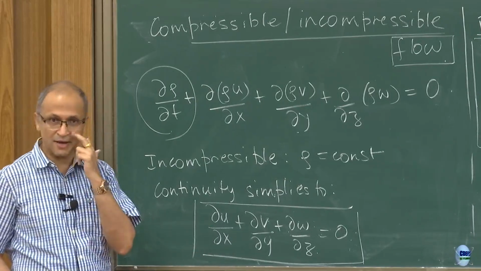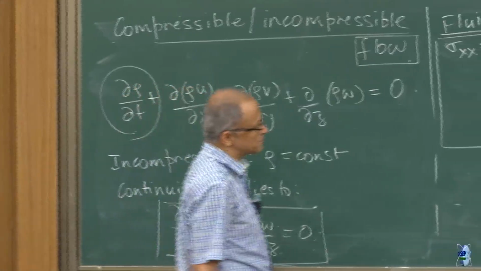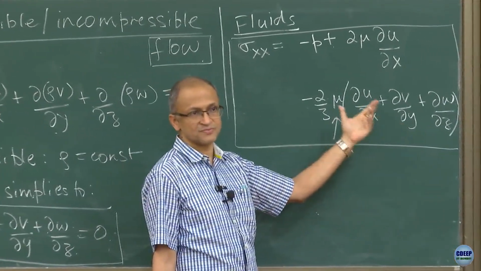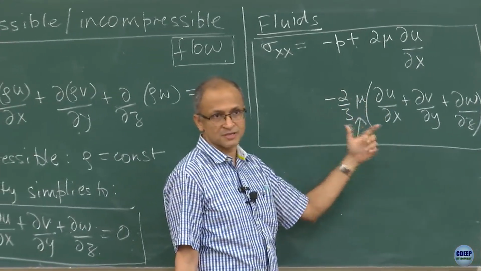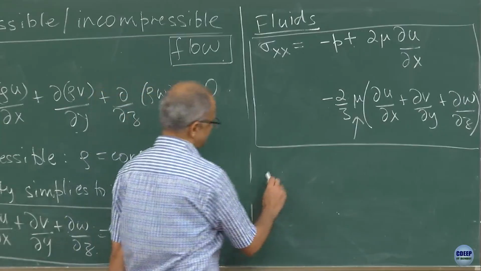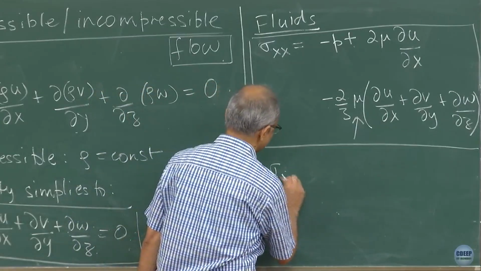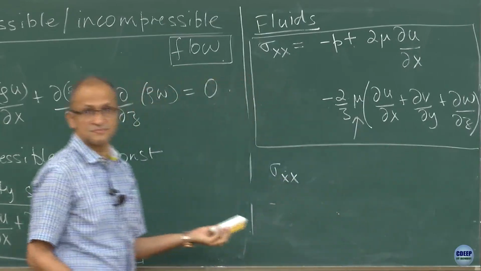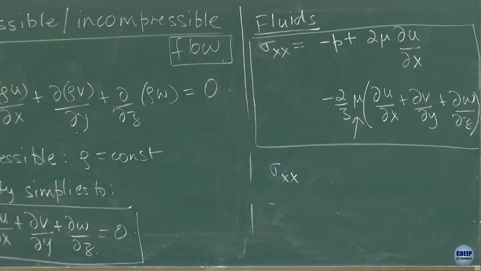Now I would like to draw your attention to this equation, the constitutive relationship that we have derived. What happens here when we go from compressible to incompressible? You can see right away that this last term is now 0, because of this condition here.